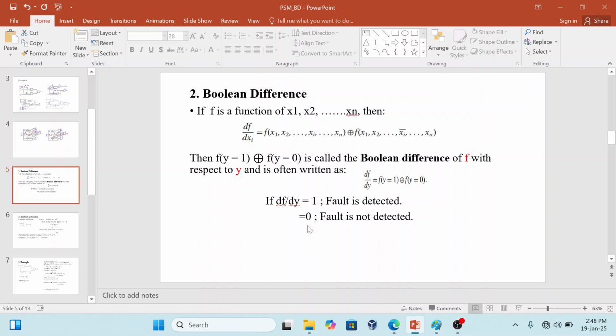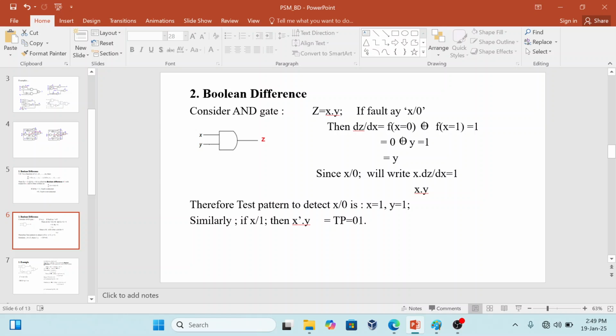That's why we find the XOR operation of substituting a value for a variable with respect to the output as 1 and 0, and if it is equal to 1, that means the faulty output is different from the fault free output, hence the fault is detected. Or else it is considered an undetectable fault. So let us see with an example.